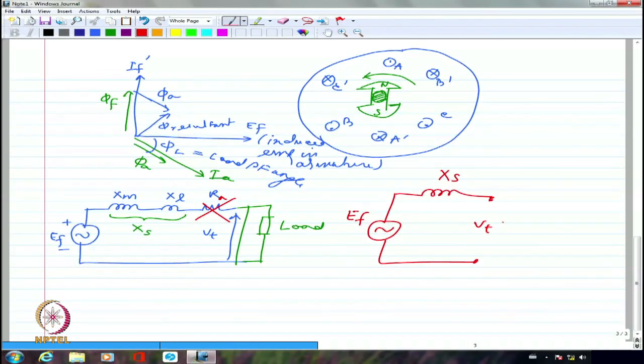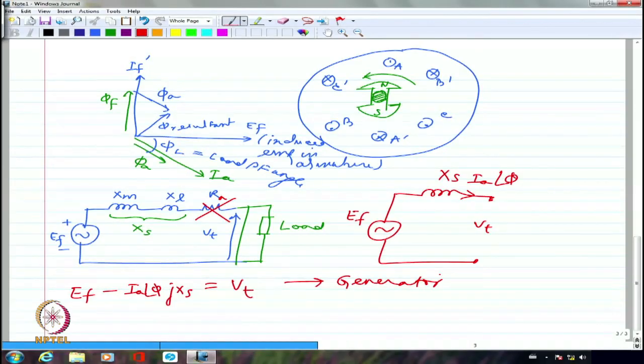This is the overall equivalent circuit of the synchronous generator or synchronous machine in general. Only difference would be that if I say this current is Ia, of course with the power factor angle, whatever it is, so Ia angle phi, I am going to have Ef minus Ia angle phi multiplied by jXs will be Vt in a generator.